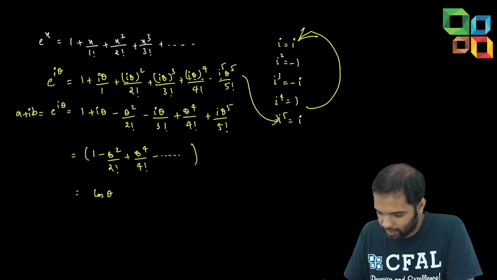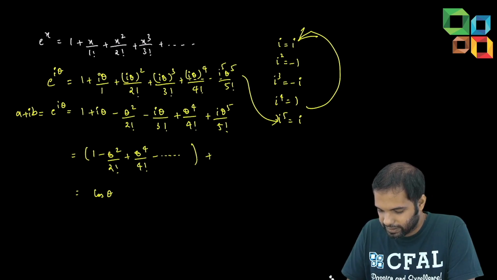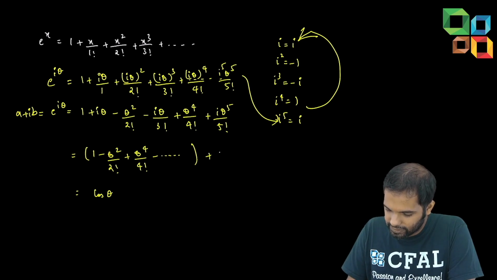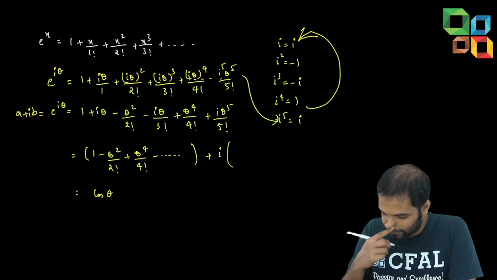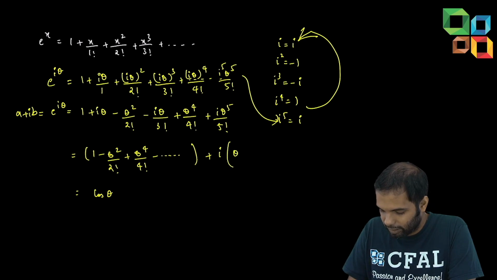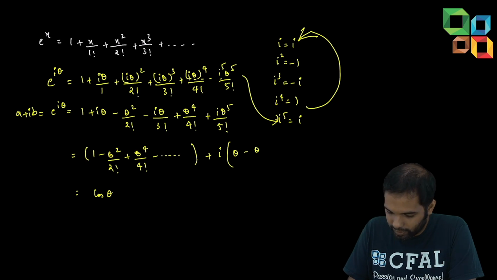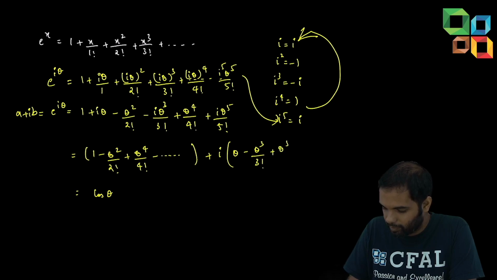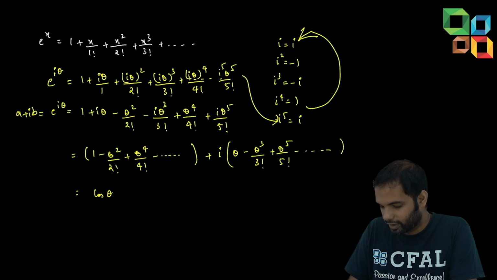Agree? Remaining terms, let me just combine the i terms. So it's i into what is remaining? Theta minus theta cube by 3 factorial. Next is theta power 5 by 5 factorial, so on. It continues.